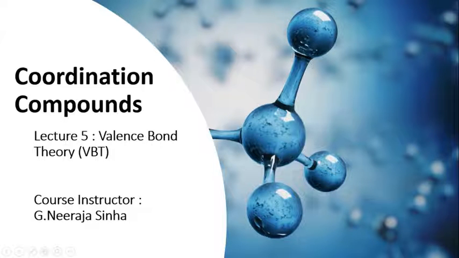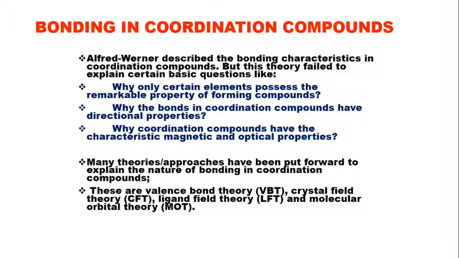The next lecture is valence bond theory. In valence bond theory, we are going to study bonding in coordination compounds. Alfred Werner, as we have learned in Werner's theory, described the bonding characteristics in coordination compounds. But that theory failed to explain certain questions, like why certain elements possess the remarkable property of forming compounds.